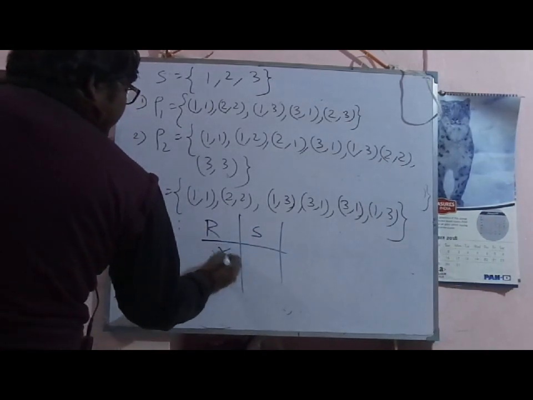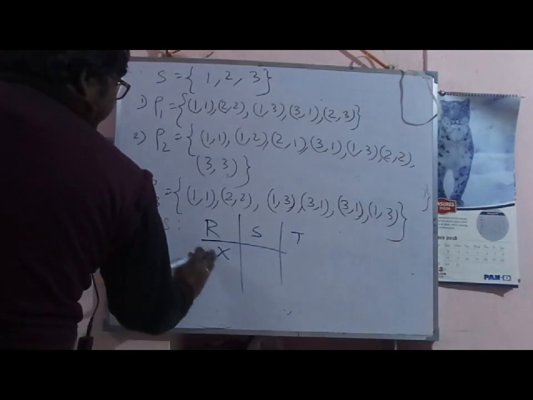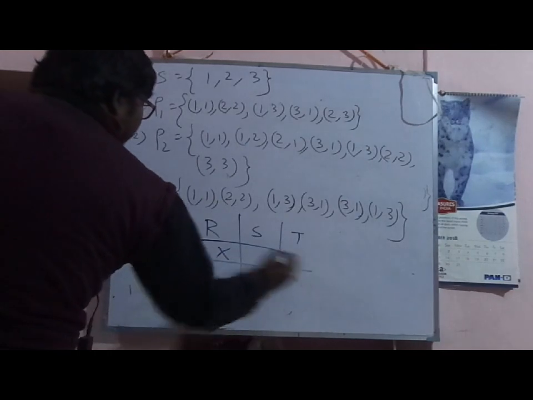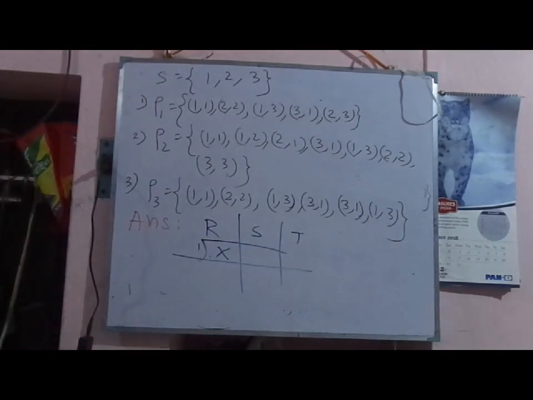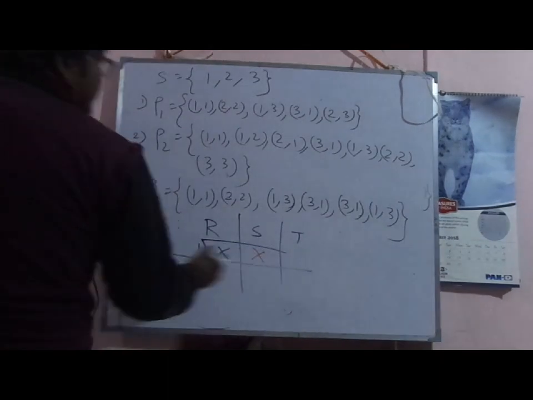Is this symmetric? The answer is no, because here (1,3) belongs and (3,1) belongs, there is no problem, but (2,3) belongs to rho 1, but here (3,2) does not belong to rho. Therefore this is not symmetric.